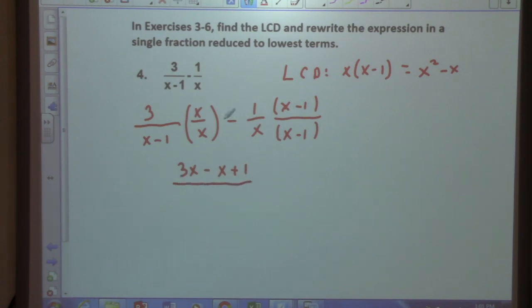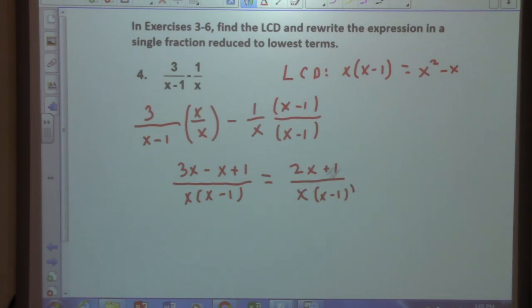You see where we got that? Minus x plus 1 over x, which is going to be 2x. So then that negative changes to a positive, because 2 negatives equal a positive.